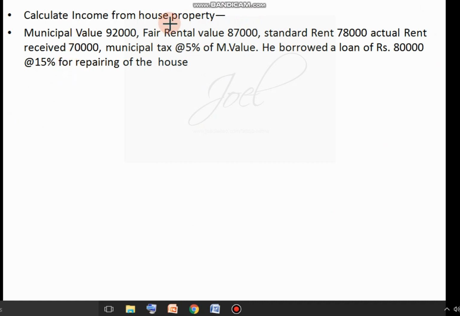We'll see now. First of all, you are supposed to calculate gross annual value. To calculate gross annual value, all the information required is given here. Out of municipal value and fair rental value, the highest one we are supposed to consider. The highest one in this case is 92,000. Then standard rent, we have to consider the lowest item.